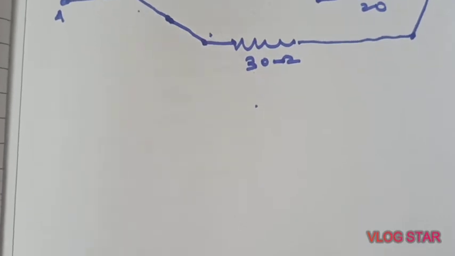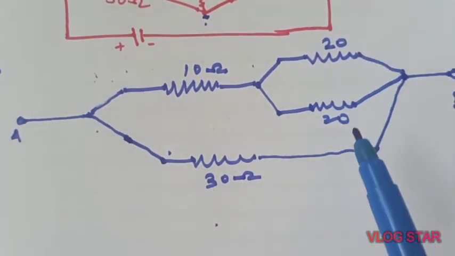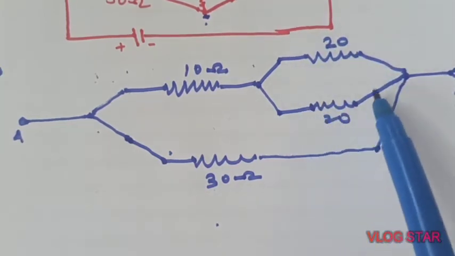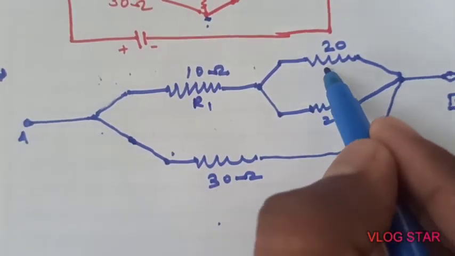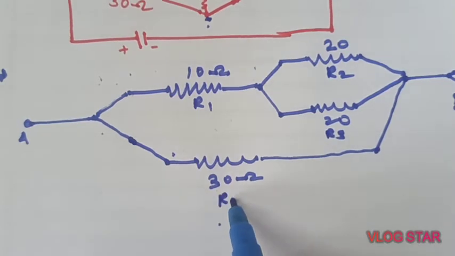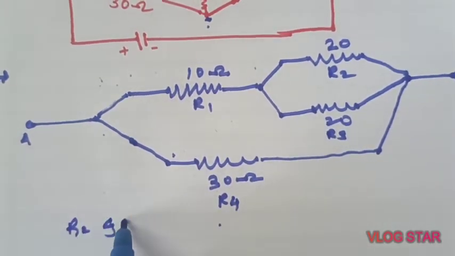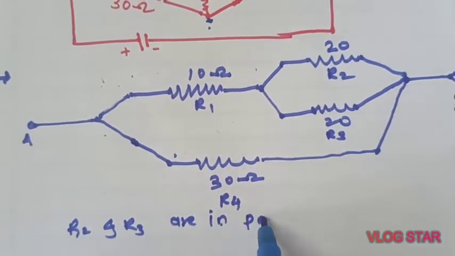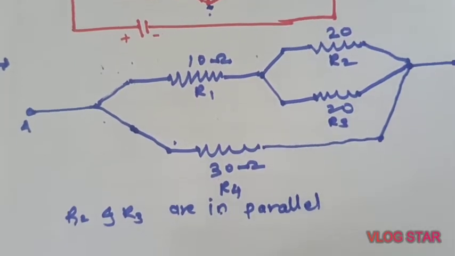We'll solve it. 20 and 20 are in parallel, so first of all we will solve the combination of these two. So name them R1, R2, R3 and R4. So R2 and R3 are in parallel. So what is the total combination?